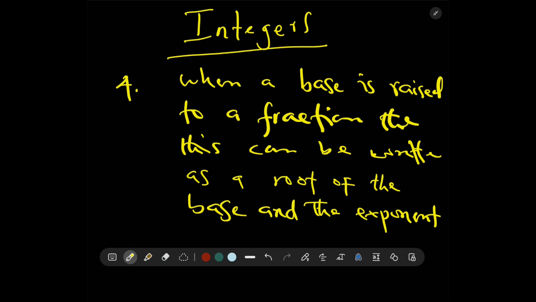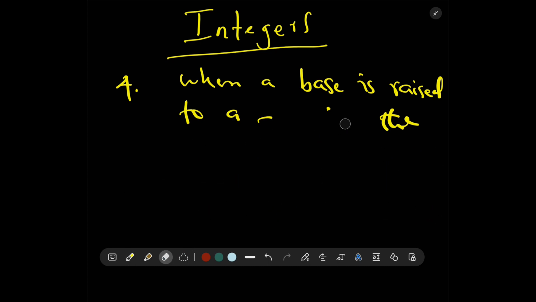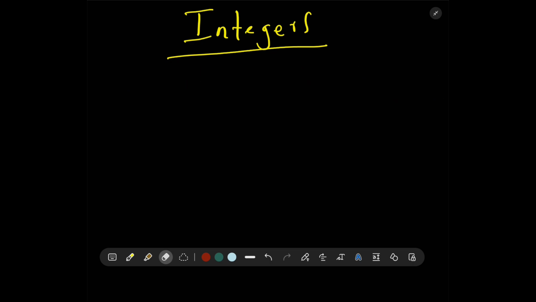So what I'm trying to say here, I'm going to use all these rules in this class, so get ready. So you have an example, 2 raised to the power 1 over 2. This you're going to write as a root of this 2 right here. Let me use alphabet.